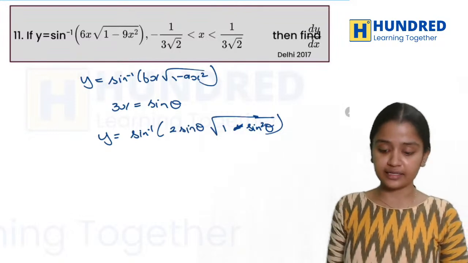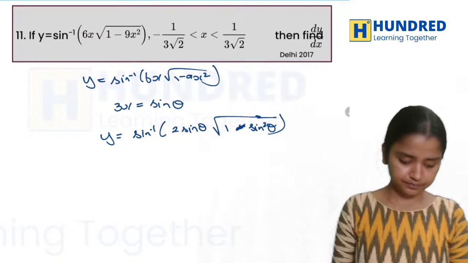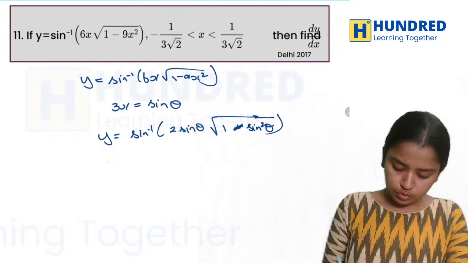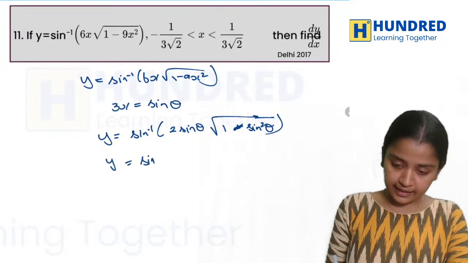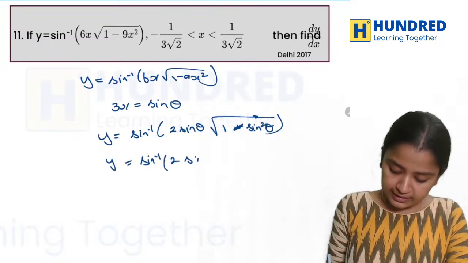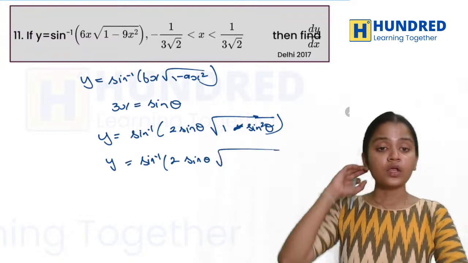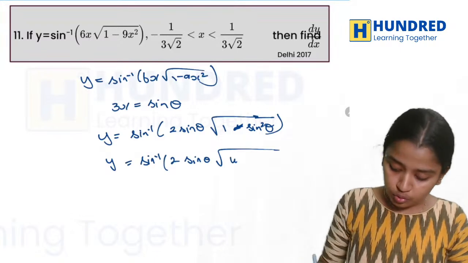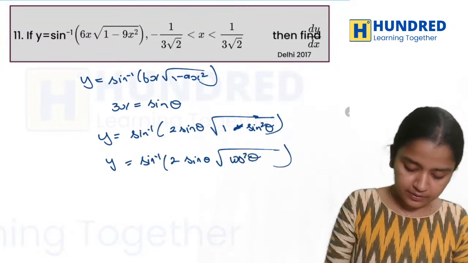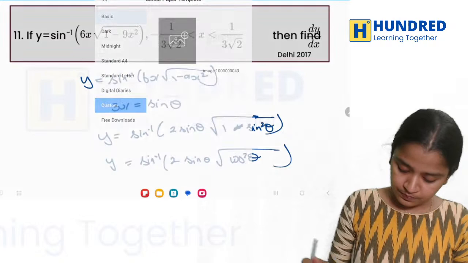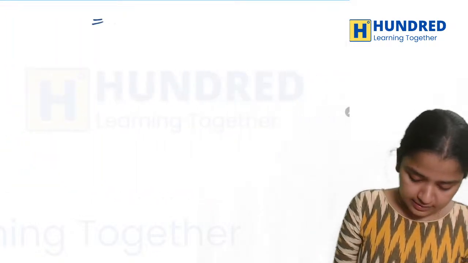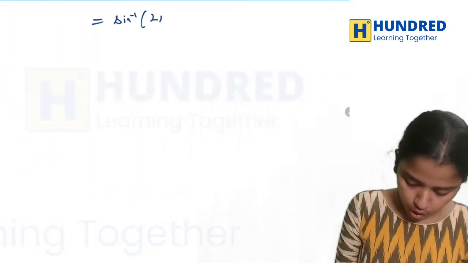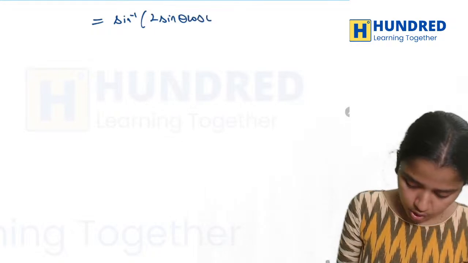So after this, what do we do? So it is sin inverse of 2 sin theta. Now 1 minus sin square theta, what do we get? It is cos square theta. So root of cos square theta. So basically it is sin inverse of 2 sin theta cos theta.